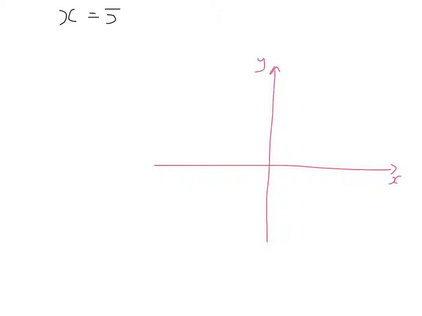No matter what happens with this, x will be equal to positive 5. So it's just going to look like that, and it will pass through at 5, 0. So when x is 5, y will be anything. X equal to 5 is what it is, so straight up and down, a vertical line on x equals 5.